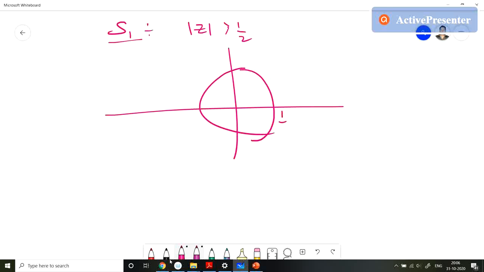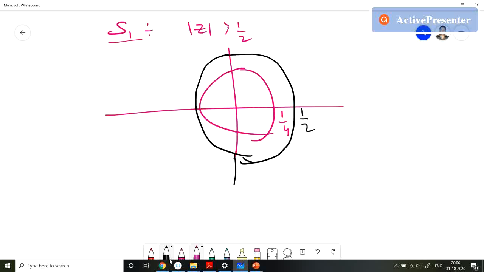One pole is present at 1/4 and another pole is present at 1/2. Now in the first case, S1, the ROC is given as modulus of z greater than 1/2.